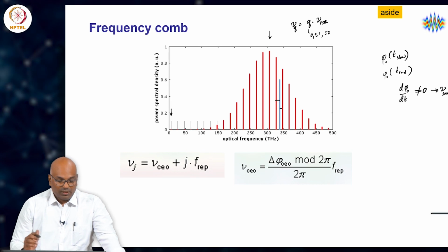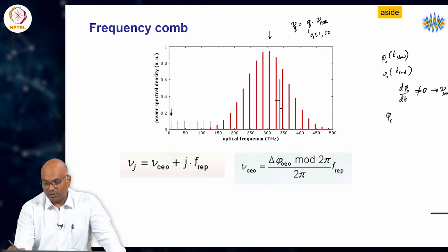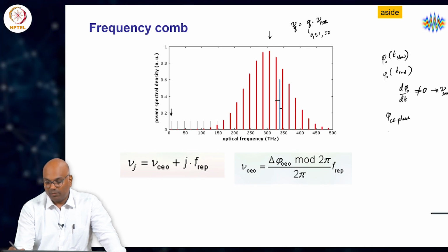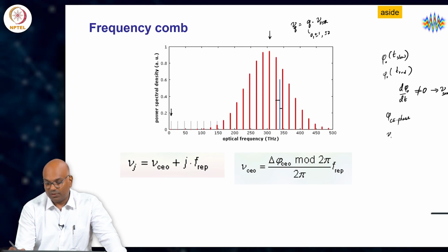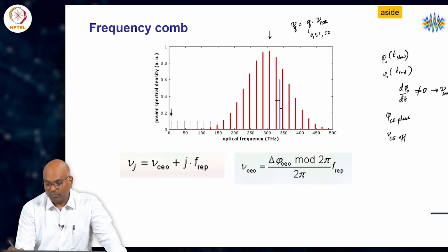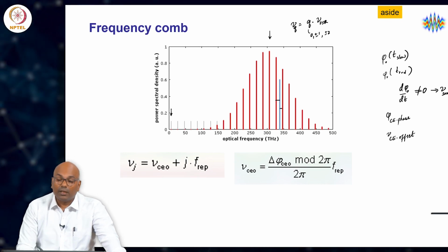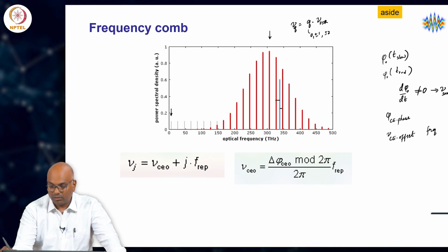So that gives us the concept of an offset. So we have a carrier envelope phase, and any time derivative of this, if non-zero, gives us a frequency that offsets this comb, or a carrier envelope offset frequency, right.